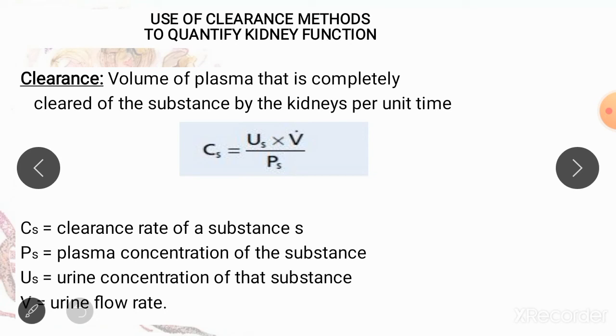So if you want to study the clearance of inulin, you must first calculate its concentration in your urine. Then you must multiply this concentration with the total amount of urine and divide this value with the concentration of inulin in your plasma, and you are going to get the clearance of inulin, and this clearance is going to help you in determining your glomerular filtration rate.